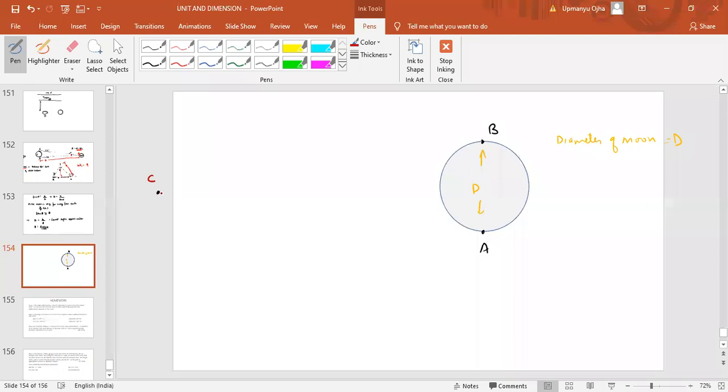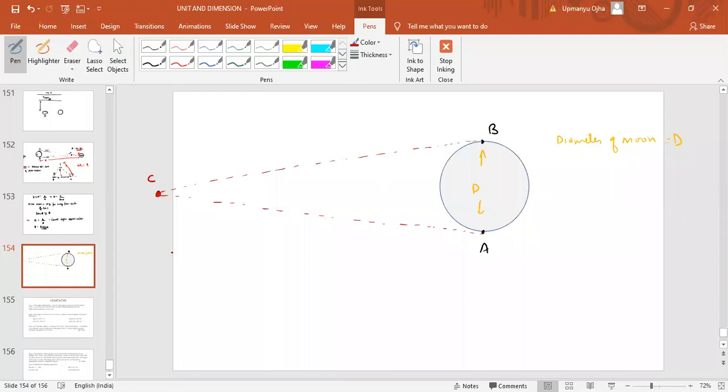With the help of a telescope, we will observe point B, and similarly we will observe point A. This was the telescope which we are having. When the telescope was at point A, we have to rotate the telescope to get point B, which is the diametrically opposite point.